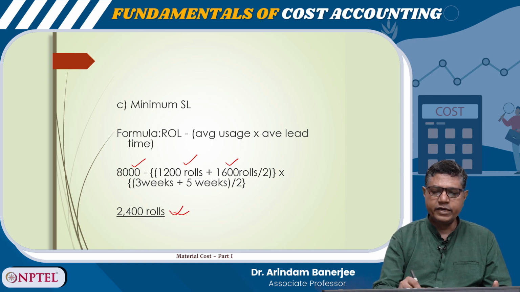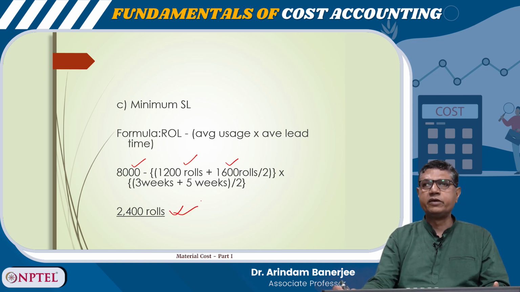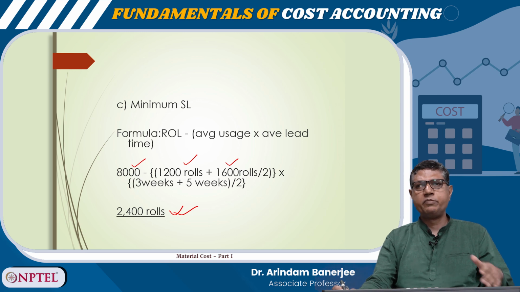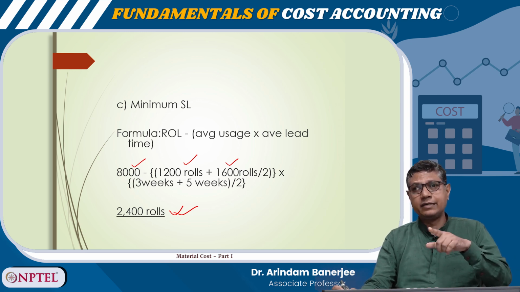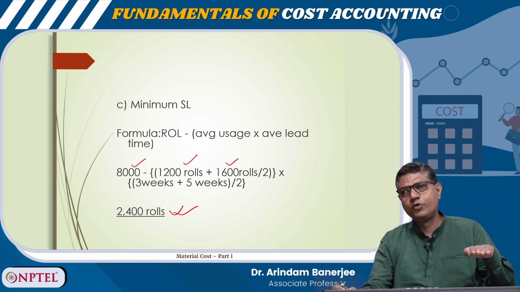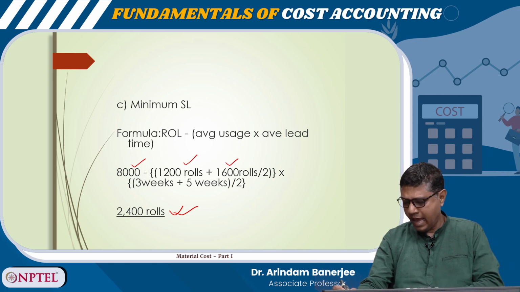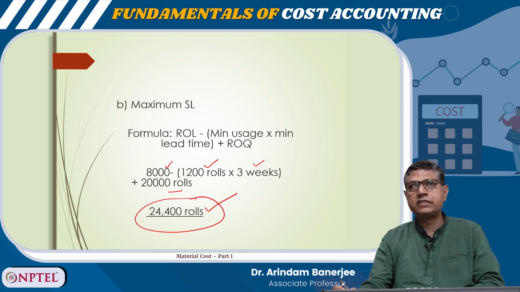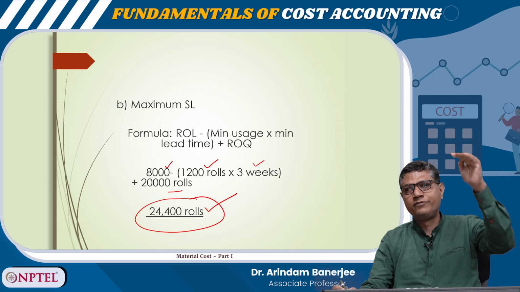If we calculate, then the minimum stock level is coming to 2400. That means at the given consumption level and production level, the minimum stock should be 2400 and the maximum should be 24,400.